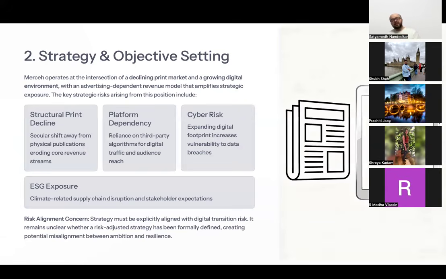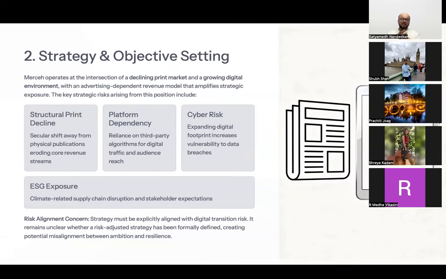Strategy and objective setting. Mersey operates at the intersection of a declining print market and a growing digital environment with an advertising dependent revenue model that amplifies strategic exposure. The key strategic risks arising from this position include structural print decline. So, there is a shift right now from the print media to digital media, and your core revenue might have been in print media earlier.